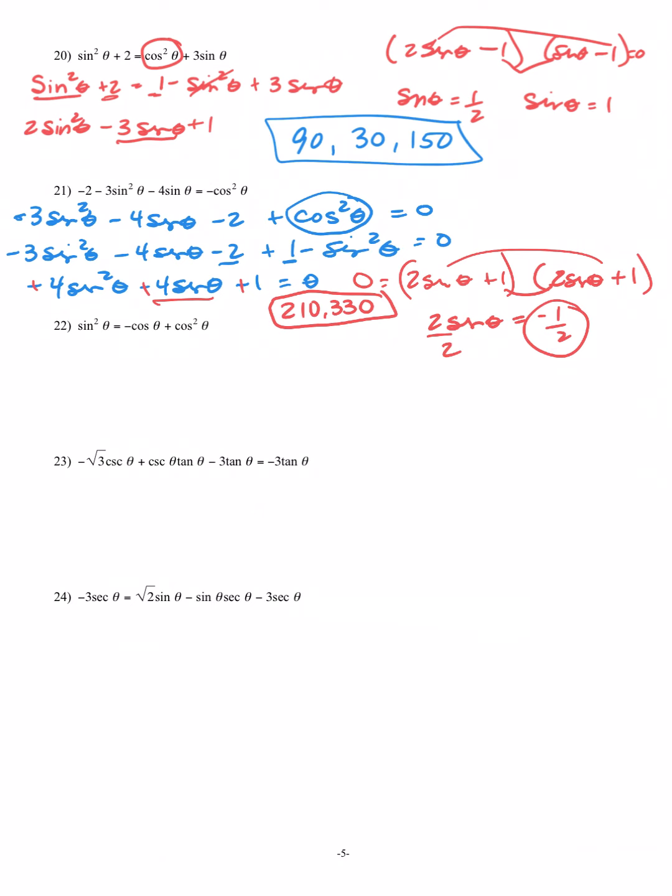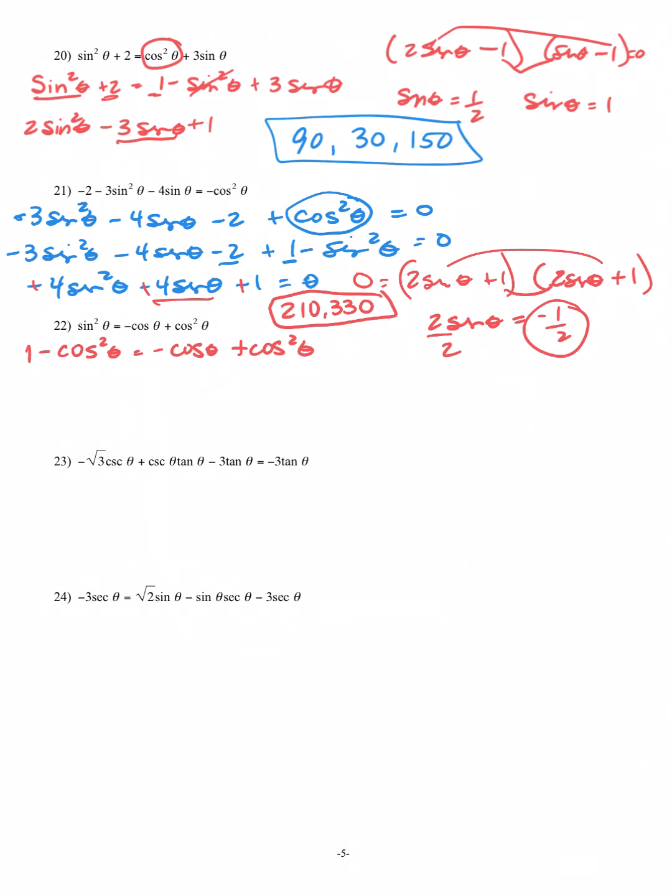So this next one, we're going to change the sine squared to a cosine squared. So sine squared would be 1 minus cosine squared of theta equals negative cosine of theta plus cosine squared of theta. And when we put these all to where they're going to be positive, let's just move them all to the left and then we'll change the sign.